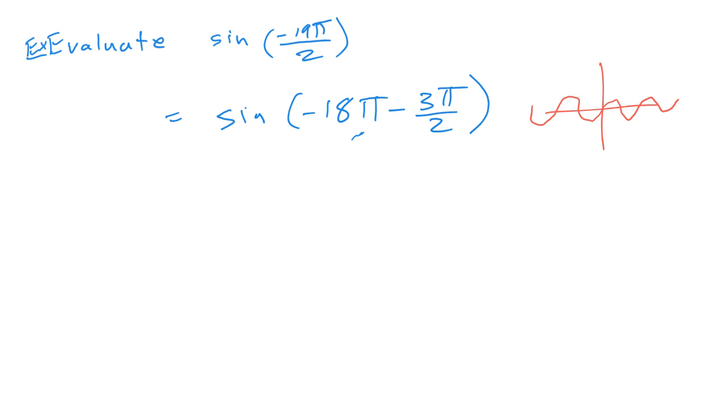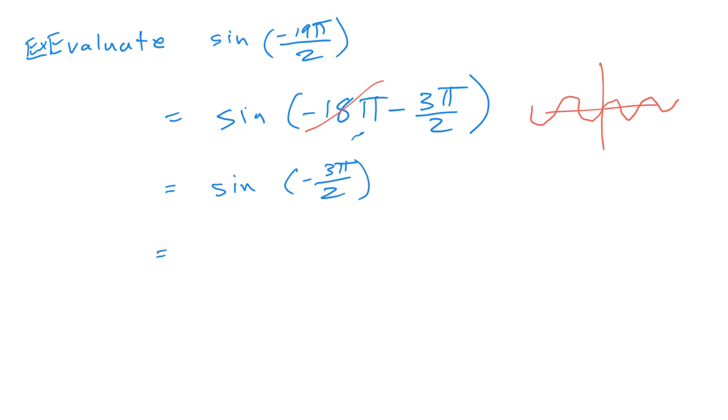That means that if I have whole blocks of a period, in this case the period is 2 pi, I can essentially just ignore them, because the only thing that makes the difference is going to be sine of negative 3 pi over 2, which gives us the following.